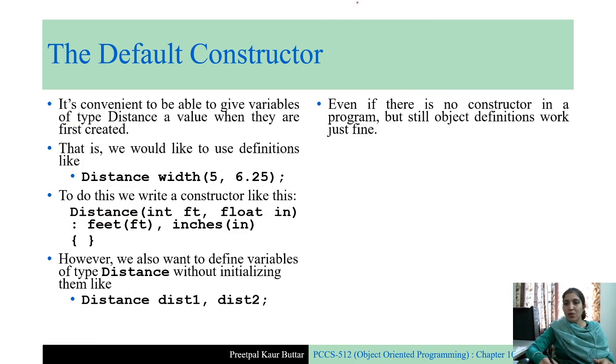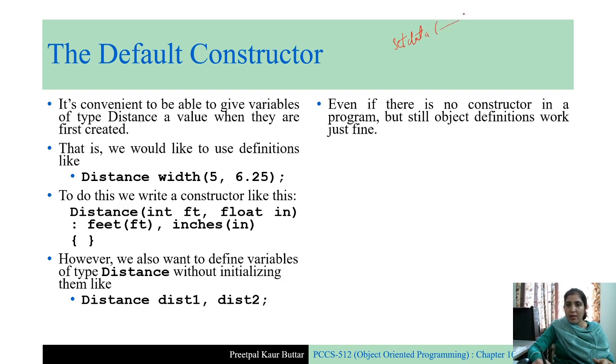Even if there is no constructor in a program, object definitions still work just fine. In the previous programs, in the very beginning, we created no constructor. Instead of a constructor, we used a function, set data.